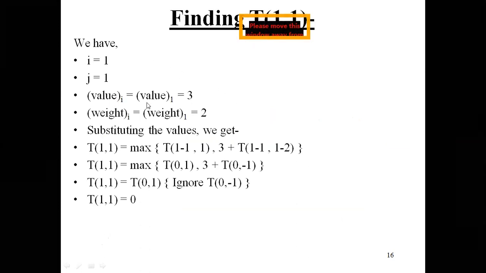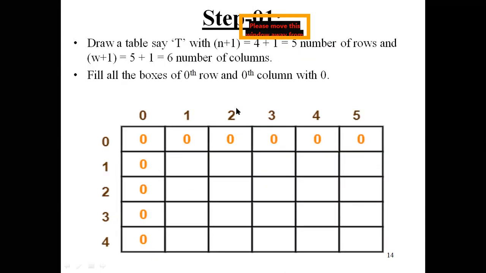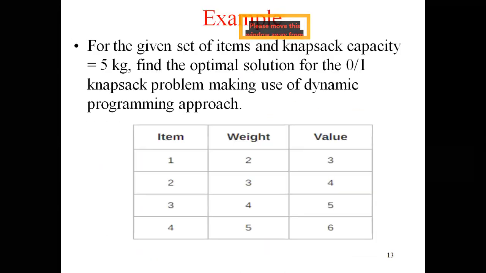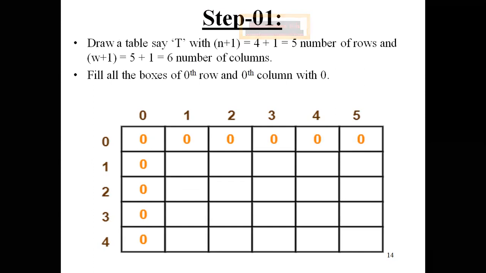So value i is equal to value 1. i is 1. So first item, what is the value of first item? First item value, that is 3. And weight is 2. Weight is 2, profit is 3.